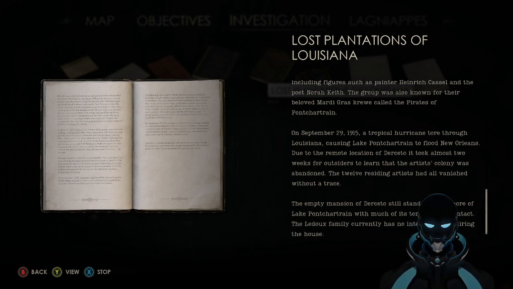Due to the remote location of Derceto, it took almost 2 weeks for outsiders to learn that the artists' colony was abandoned. The 12 residing artists had all vanished without a trace. The empty mansion of Derceto still stands on the shore of Lake Pontchartrain, with much of its temple facade intact. The Ledoux family currently has no intention of repairing the house.